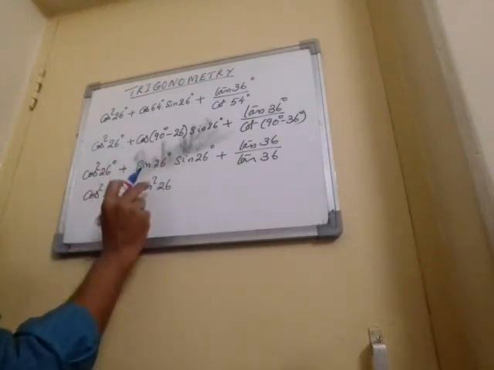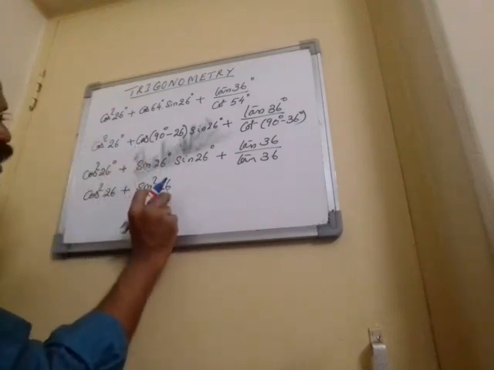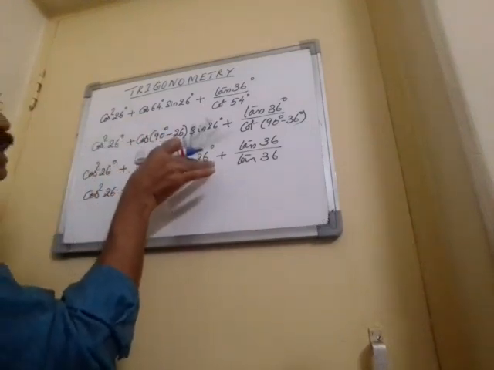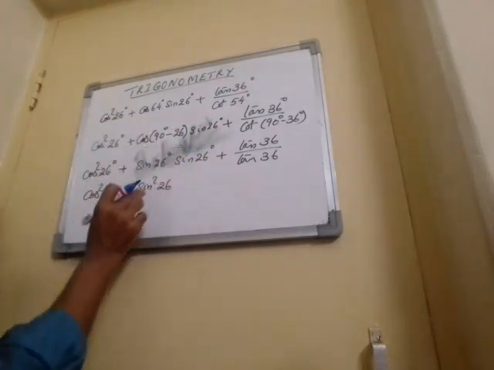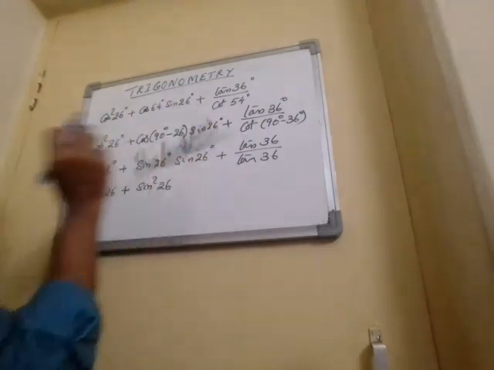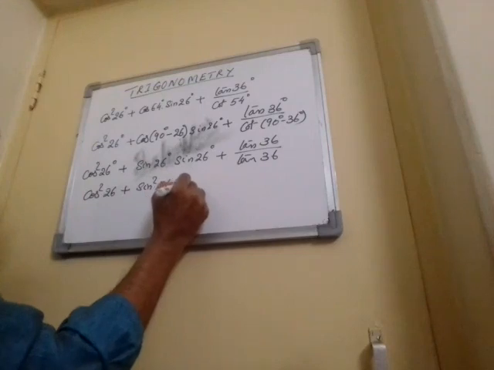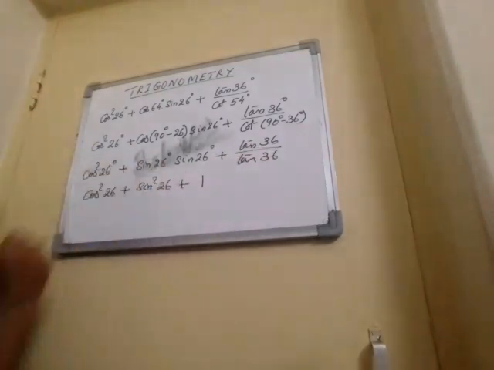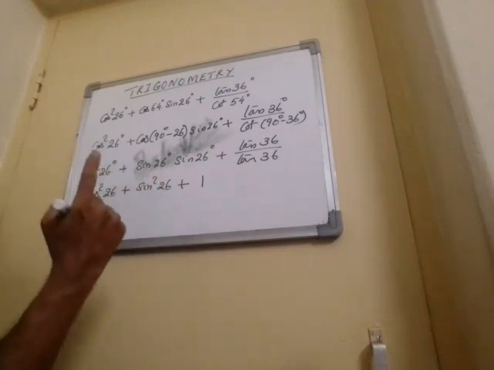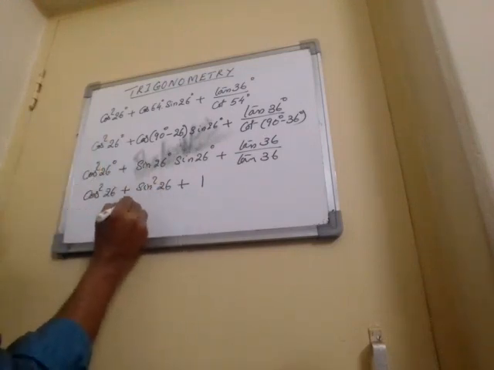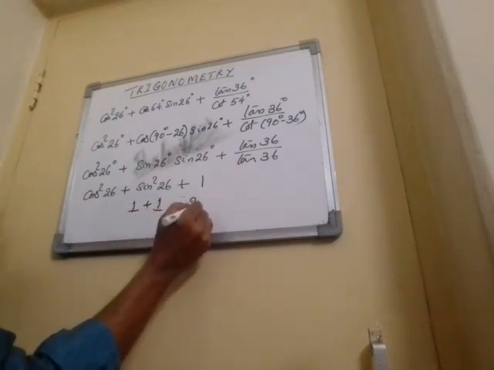See the writing, square we write only for the function, not for the number, because we are multiplying the same function with the same angle. So sin square 26 plus this will be cancelled and it is 1. Now cos square A plus sin square A is 1, so this part will become 1, plus 1. So the final answer is 2.